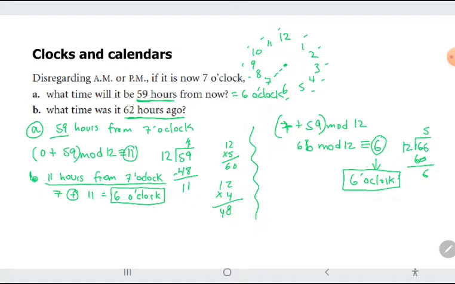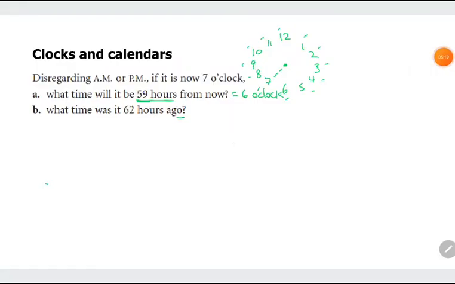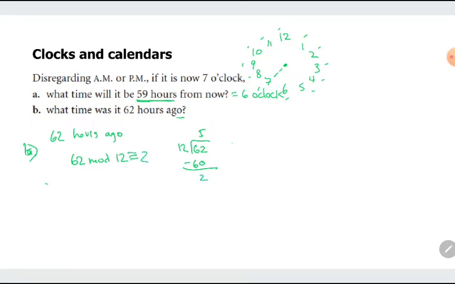Solving for the other one, 62 hours ago. So let's do first the first method. 62 modulo 12. So 62 divided by 12. So 5, so that's 60, remainder of 2.